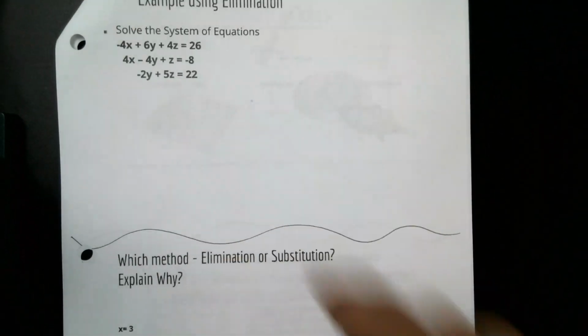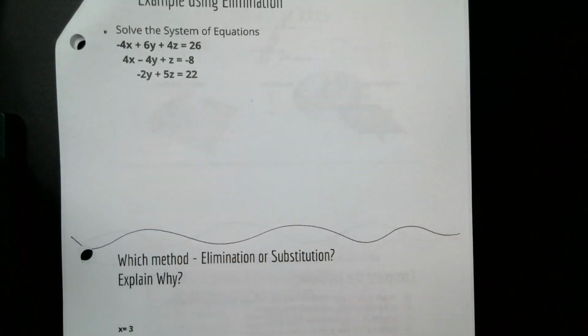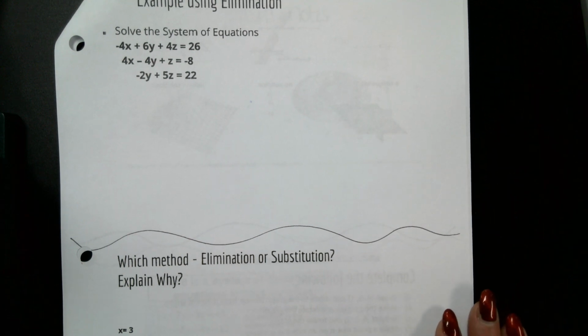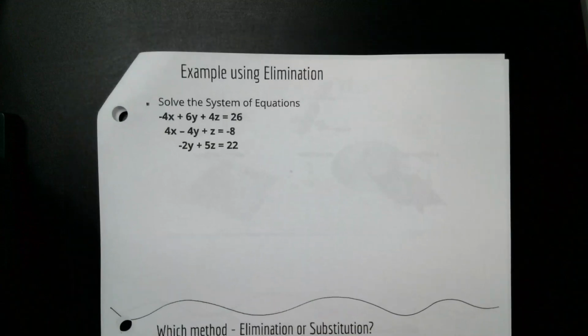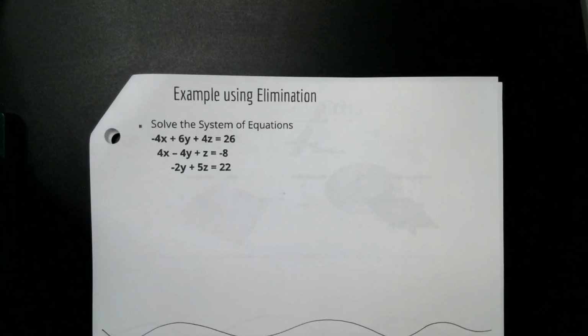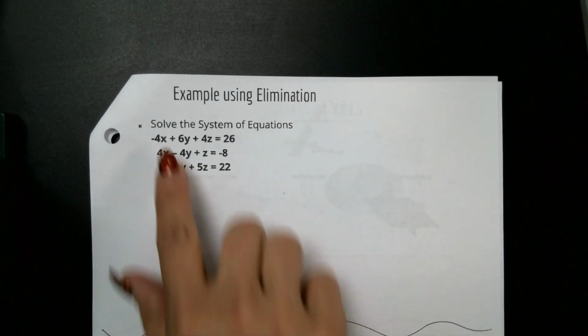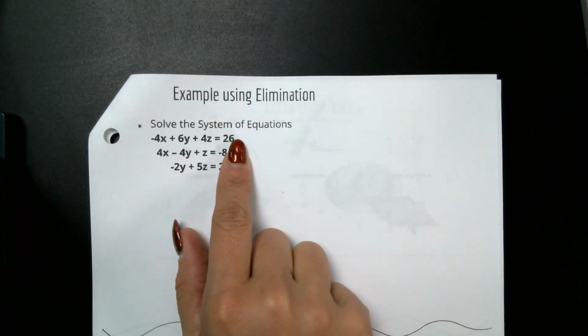Okay, last problem here, and then there is one down at the bottom that we'll talk about just to see what you guys think. All right, now this one. First equation has 3 letters.